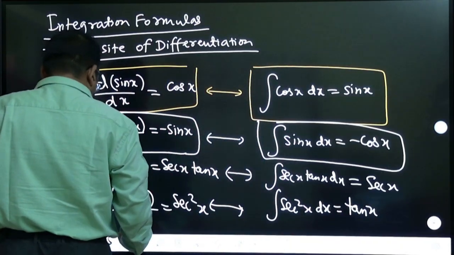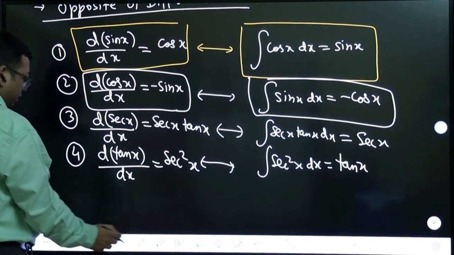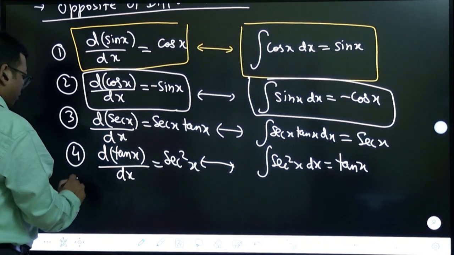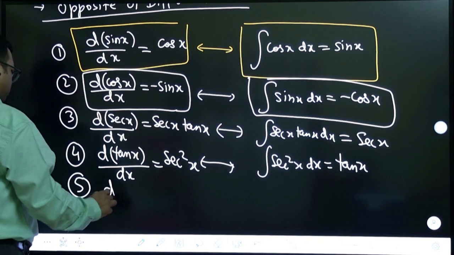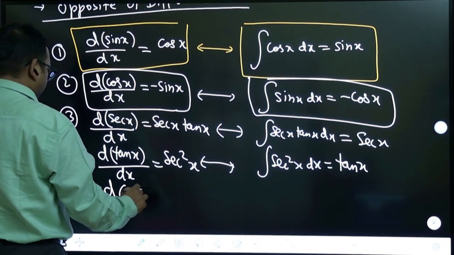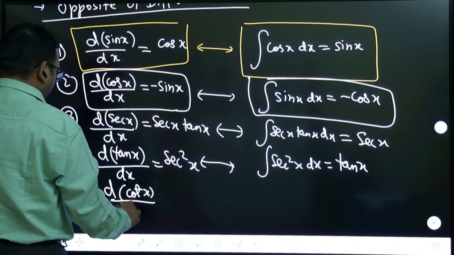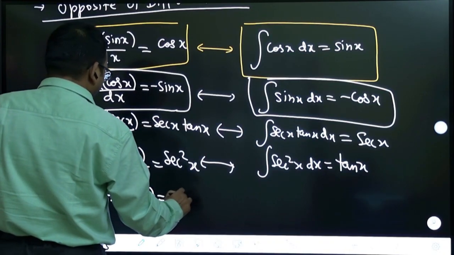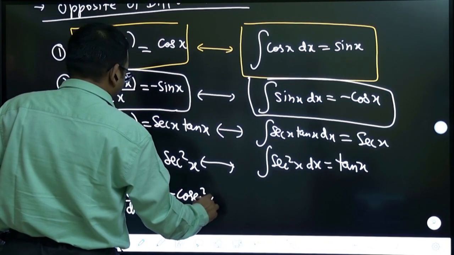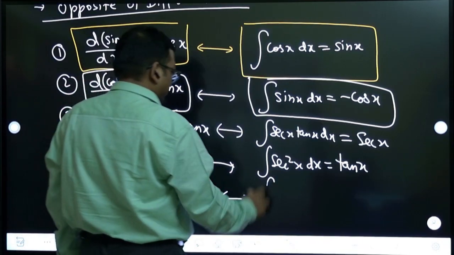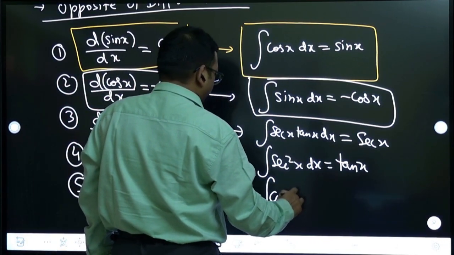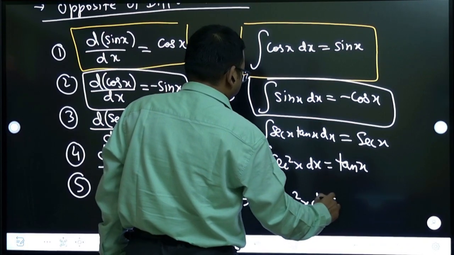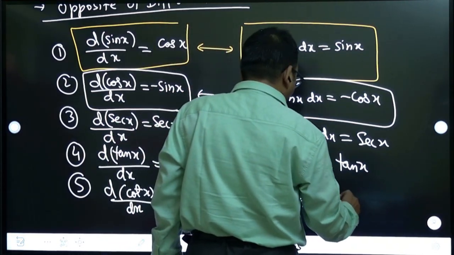Okay, like that. Let's write another two formulas. What are they? Cot x differentiation is minus cosecant square x. That is why integration of cosecant square x with respect to x will give us minus cot x.